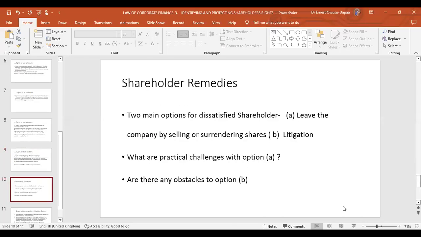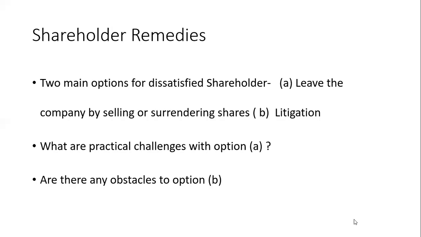Yeah, 145. Okay, now let's look at the remedies of shareholders, and then we'll be making progress. Good. So if you are a shareholder and you are aggrieved, not satisfied, your rights have been interfered with or infringed upon, you have two main options available.